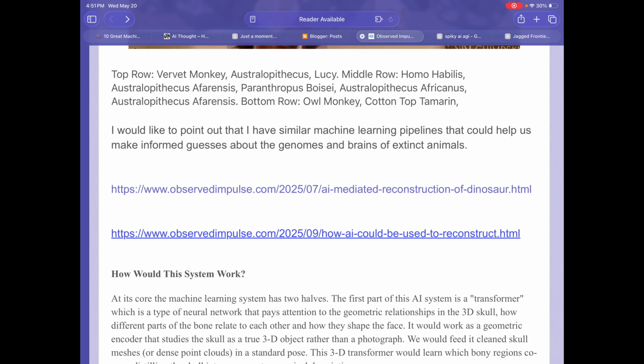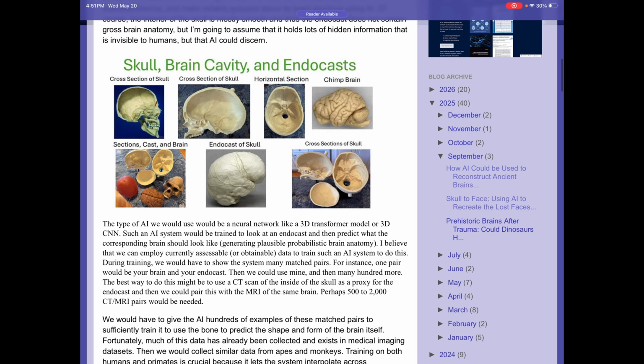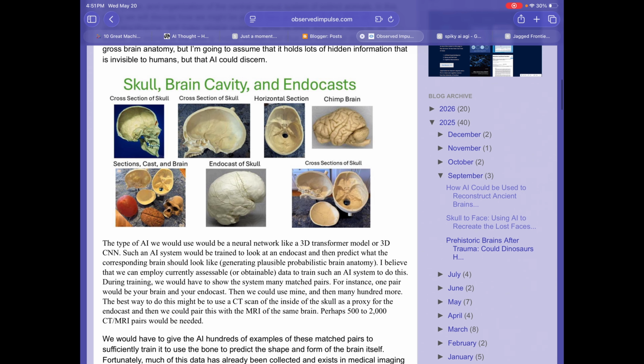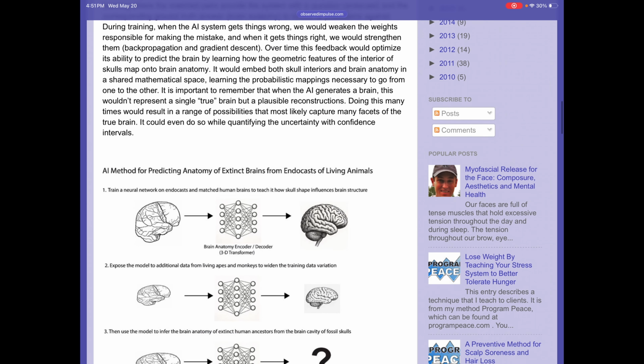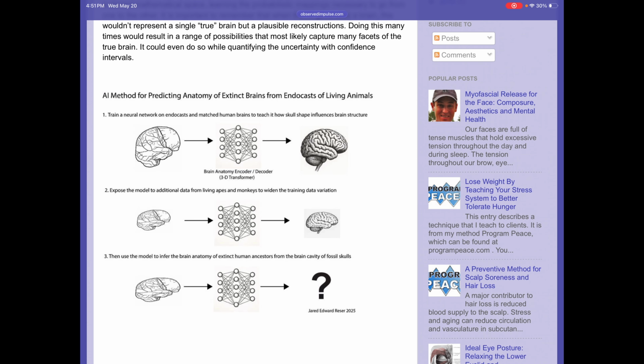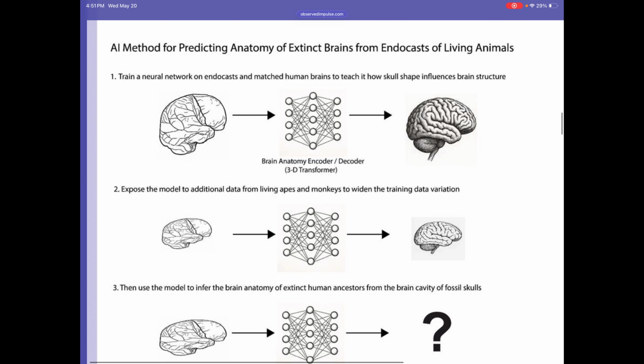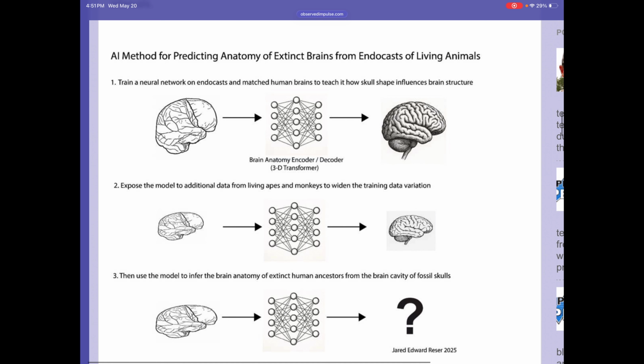And then this is another concept here, reconstructing brains from endocasts. So we don't have any brains. They're soft tissue. They don't fossilize well, if at all. But we could create a similar machine learning pipeline to make guesses about what their brains would have been like from the endocasts of existing animals.